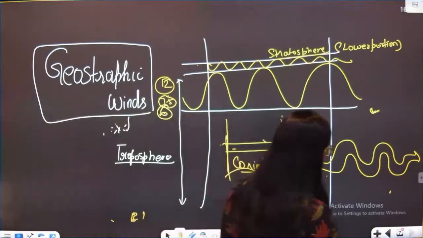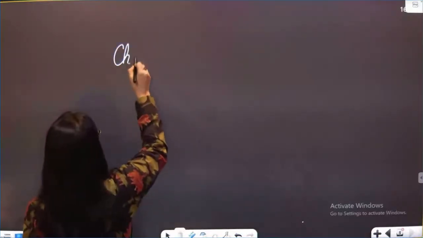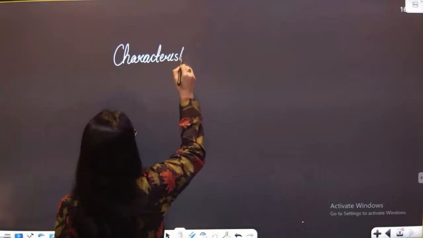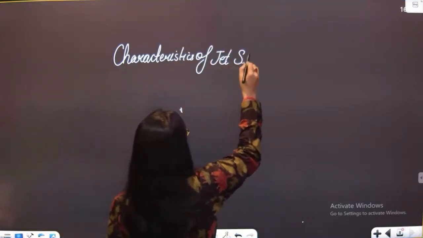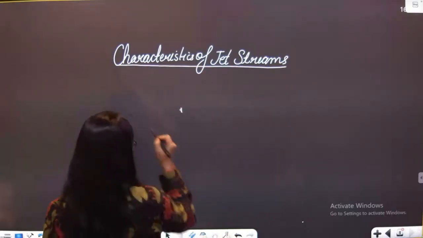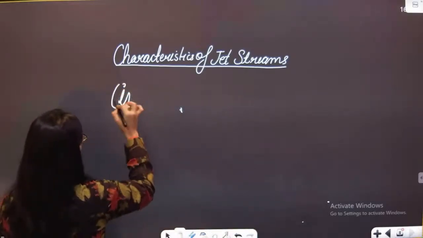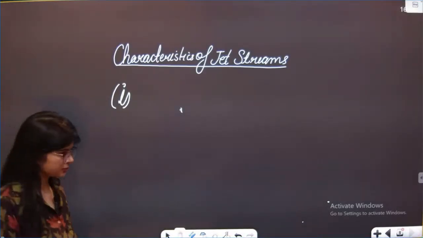Good. Now we will do the characteristics of jet streams. Right on the first point, they generally move from west to east.